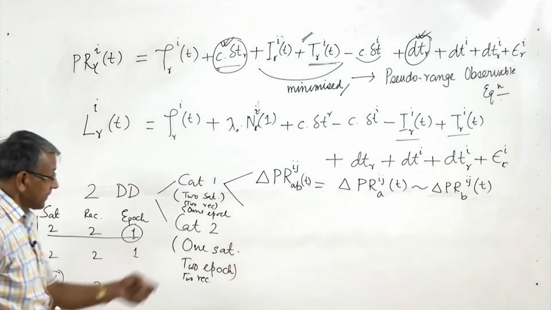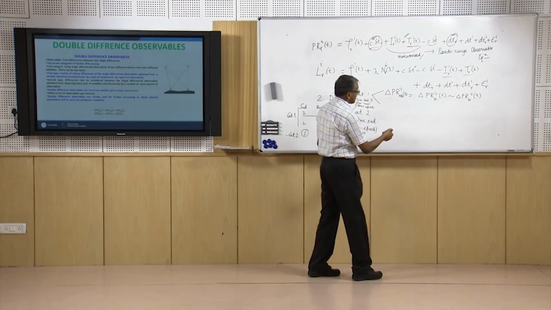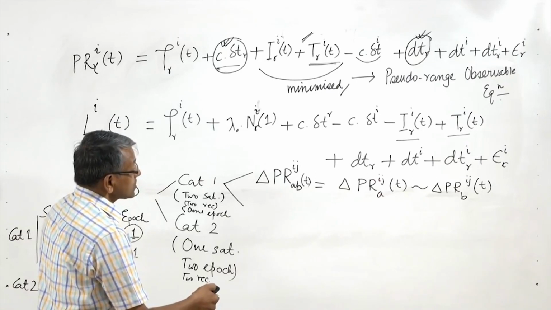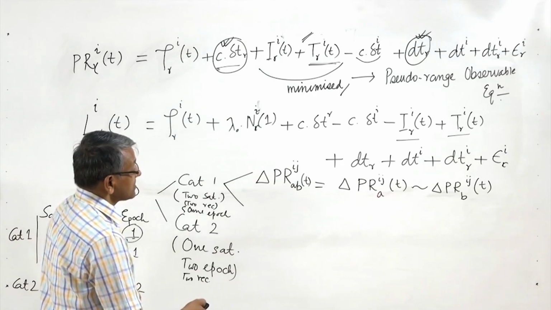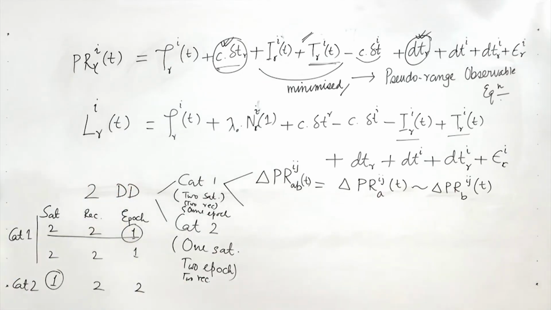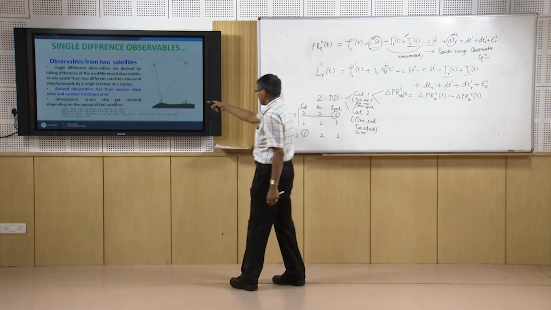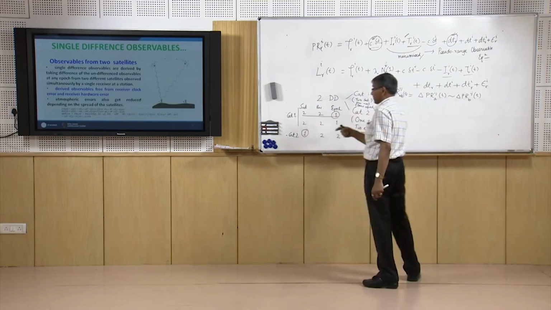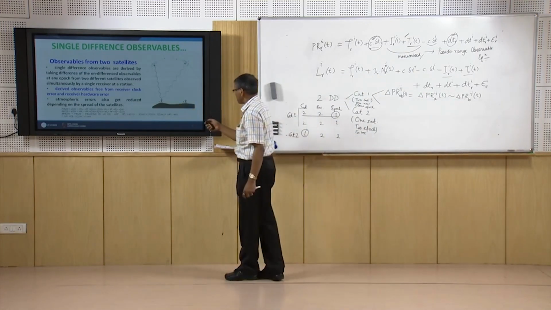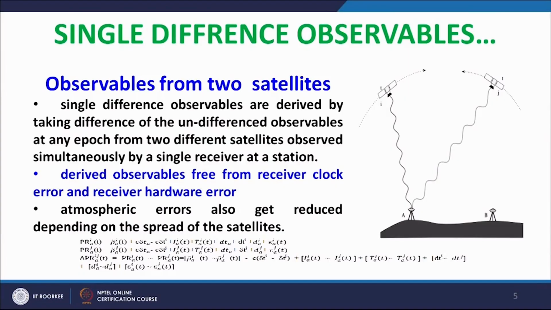So here we can see that the signal is coming from two satellites to a single receiver A and a single receiver B. That means it is the category of first difference. So this is the first difference. We have to take the difference of this first difference, this one and then this one. This is our receiver A and this is receiver B. The difference of these will give us this difference.